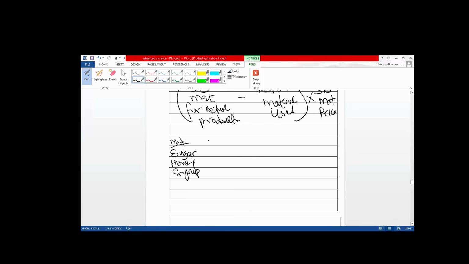The first one is standard material for actual production minus actual material, differences in usage, then multiply by the standard price. I will now get my variance. Now let's move fast.